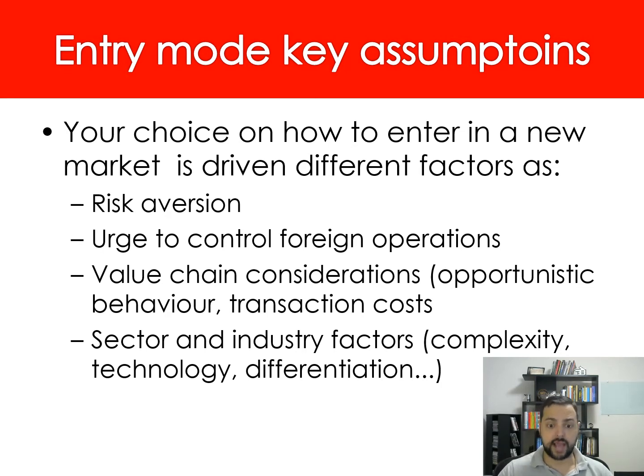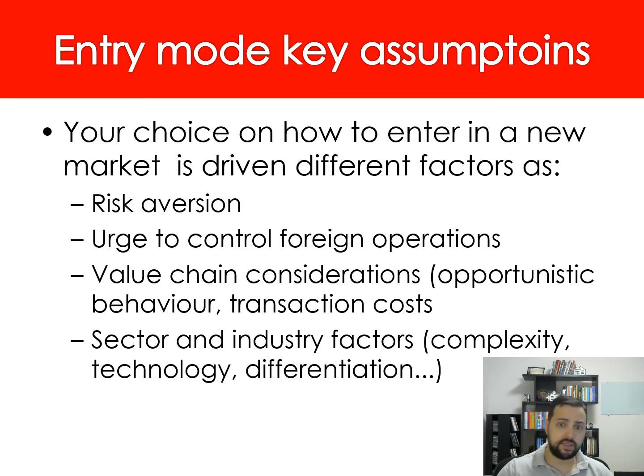Finally, some sector and industry factors can make a clear definition of the best or the more common entry mode in a market. Let's give an example in services. It's very common for restaurants and chains in the food sector to enter into a new market by using franchising, or licensing.